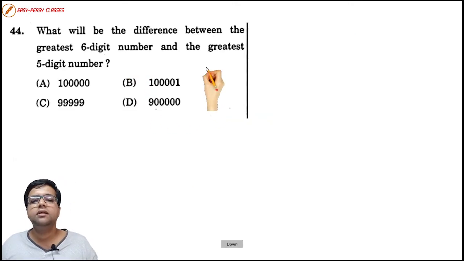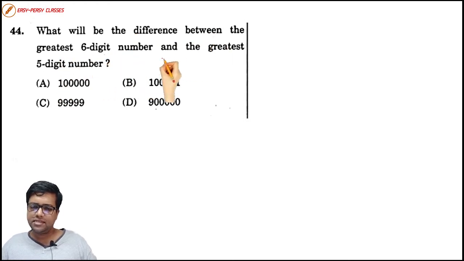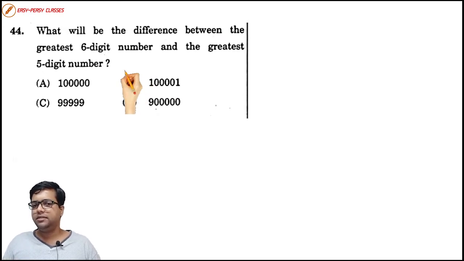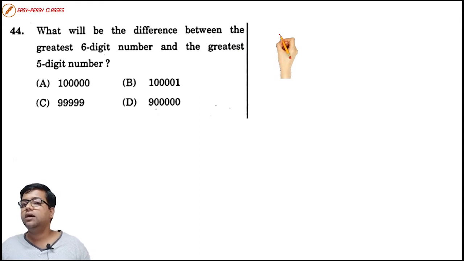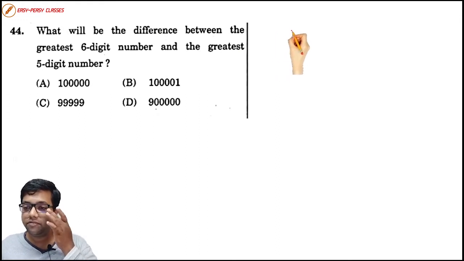Moving forward for question number 44. What will be the difference between the greatest 6-digit number and the greatest 5-digit number? So you need to find the difference. You need to subtract the greatest 5-digit number from the greatest 6-digit number. So you know the trick to find out the greatest number.